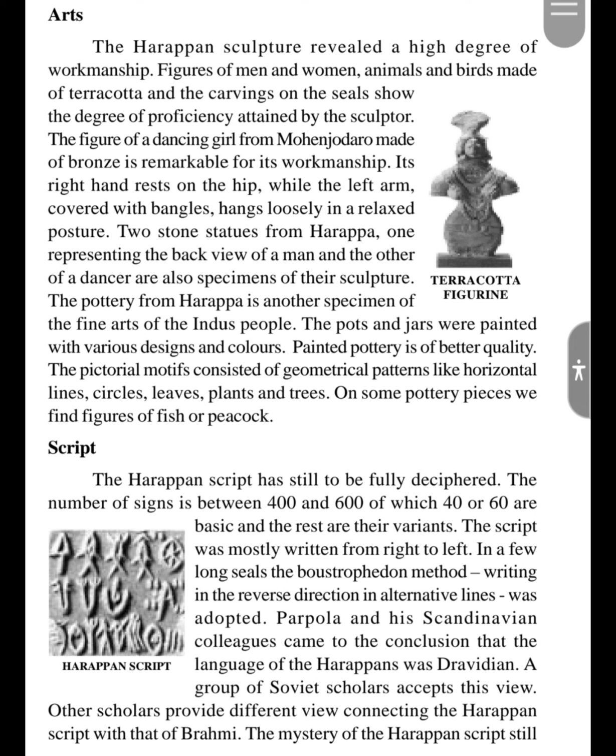The figure of a dancing girl from Mohenjo-daro, made of bronze, is remarkable for its workmanship. Its right hand rests on the hip, while the left arm, covered with bangles, hangs loosely in a relaxed position. Two stone statues from Harappa, one representing the back view of a man, are also notable sculptures.